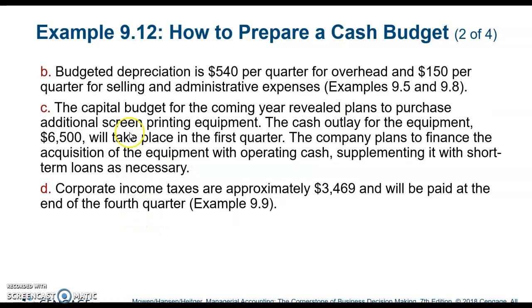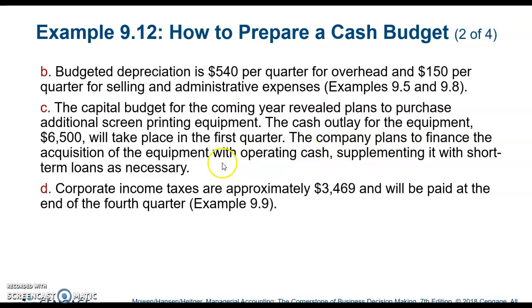Okay, so budgeted depreciation is $540 per quarter for overhead, $150 per quarter for selling and administrative expenses. The capital budget for the coming year revealed plans to purchase additional screen printing equipment, and we're going to need cash of $6,500, which will take place in the first quarter.